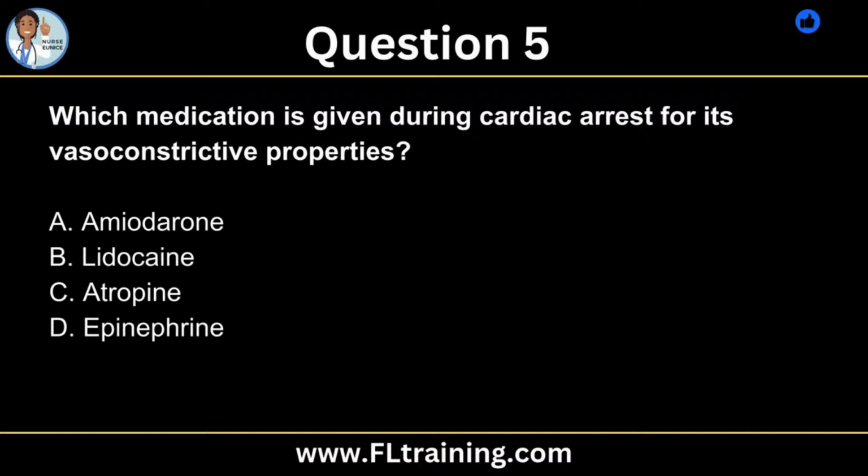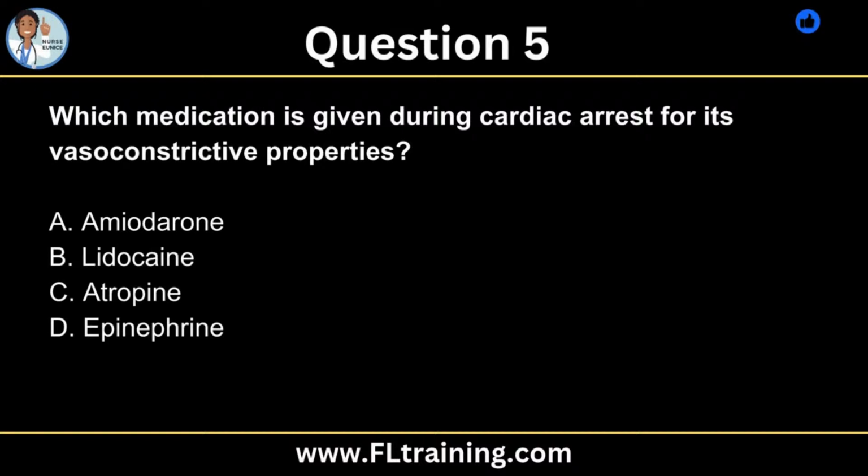Question number 5. Which medication is given during cardiac arrest for its vasoconstrictive properties? Is it amiodarone, lidocaine, atropine, or epinephrine? Think about the drugs that we mentioned during this presentation.